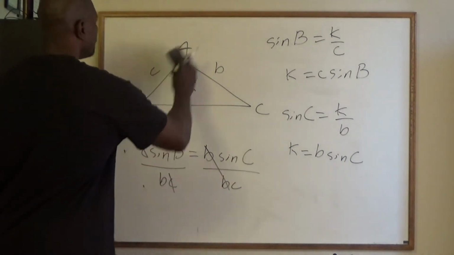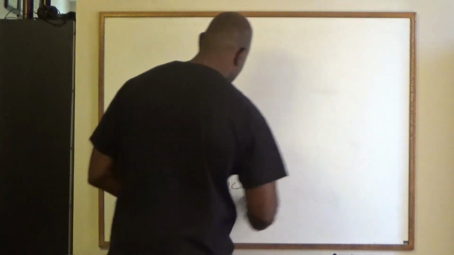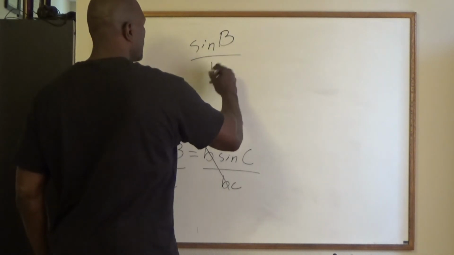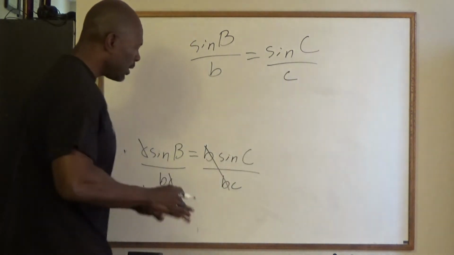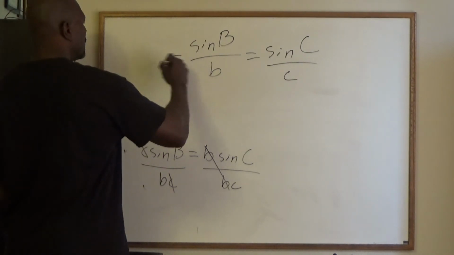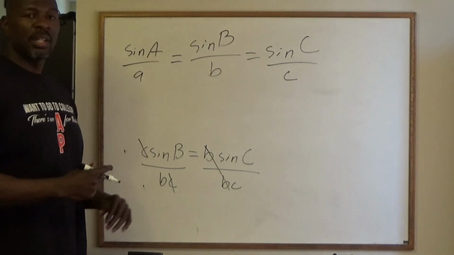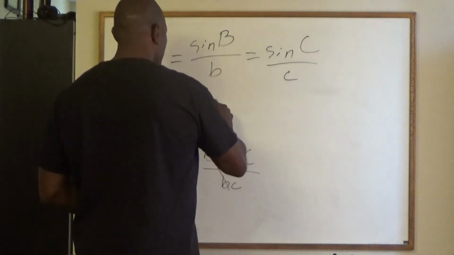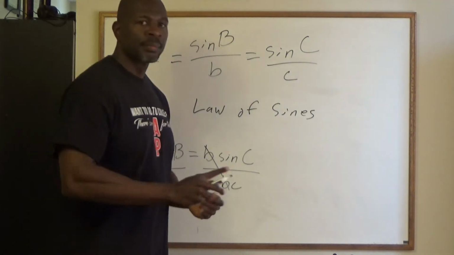From that, we get that the sine of B over b equals the sine of C over c, but we already determined that the sine of B over b is equal to the sine of A over a. So in total, the sine of A over a is equal to the sine of B over b, which equals the sine of C over c, and that is how we get the law of sines.